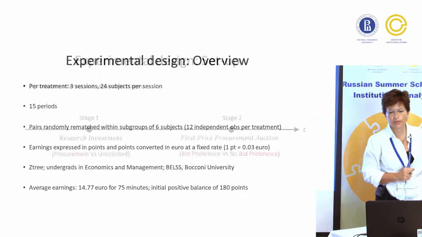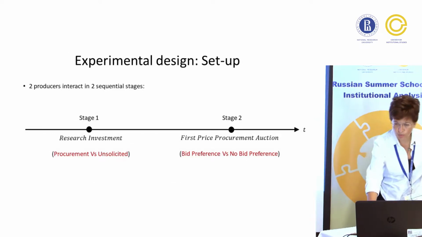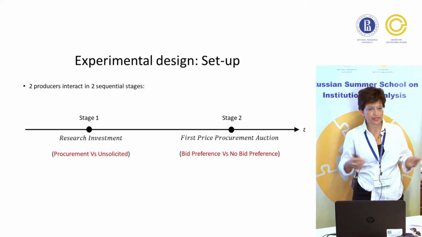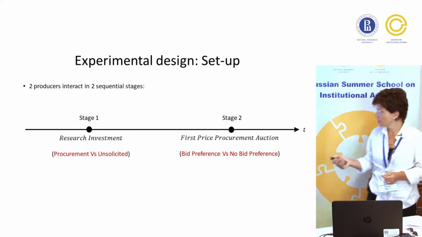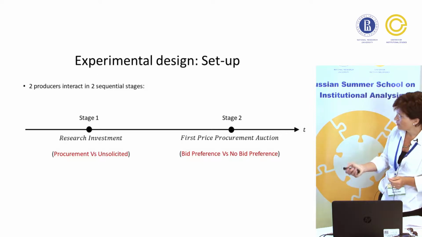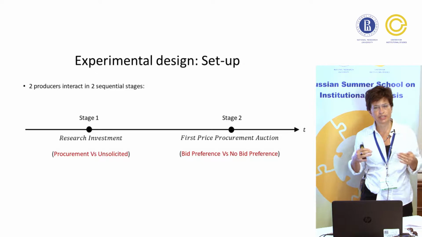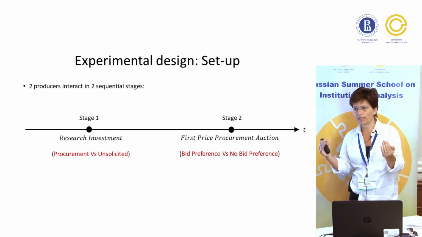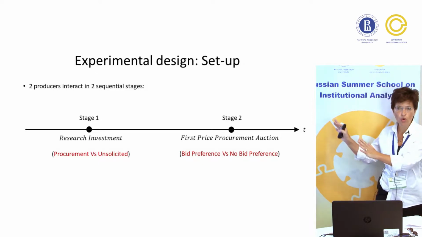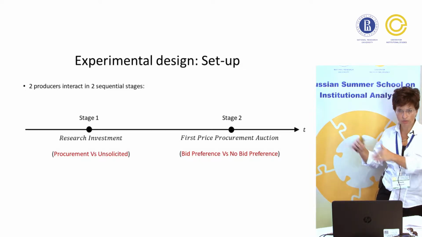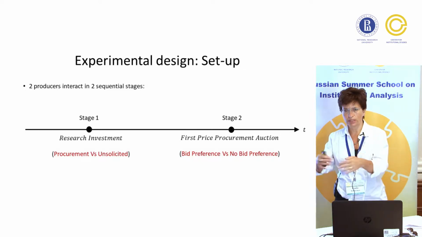Now, let's go to the experimental design. As I told you, we have 2 producers, so the subject plays as a producer, and we have 2 stages. Obviously all these subjects read the instructions at the very beginning of the experiment, so they know what they will do. So you enter the lab, you read the instructions all together.